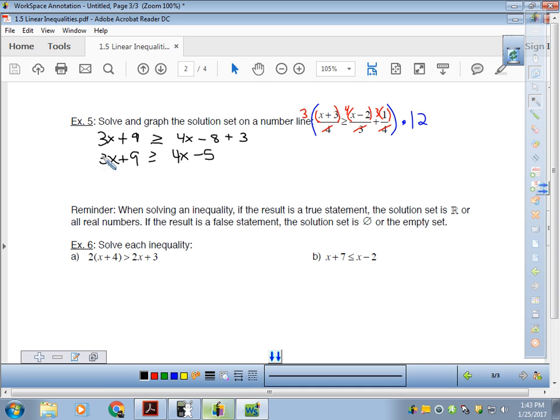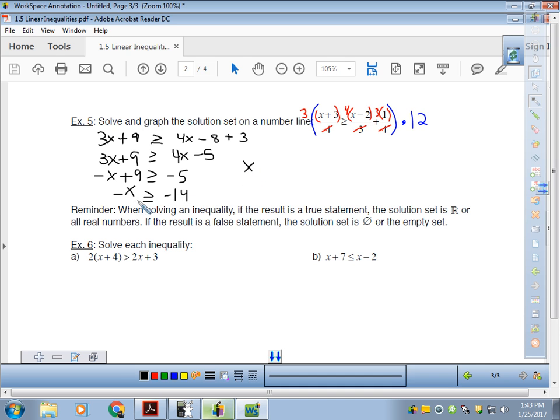I'll subtract the 4x over, so 3x minus 4x gives us negative x plus 9 greater than or equal to negative 5. I'll subtract the 9 over, so I have negative x is greater than or equal to negative 5 minus 9, which would be negative 14. And then I can divide both sides by negative 1.